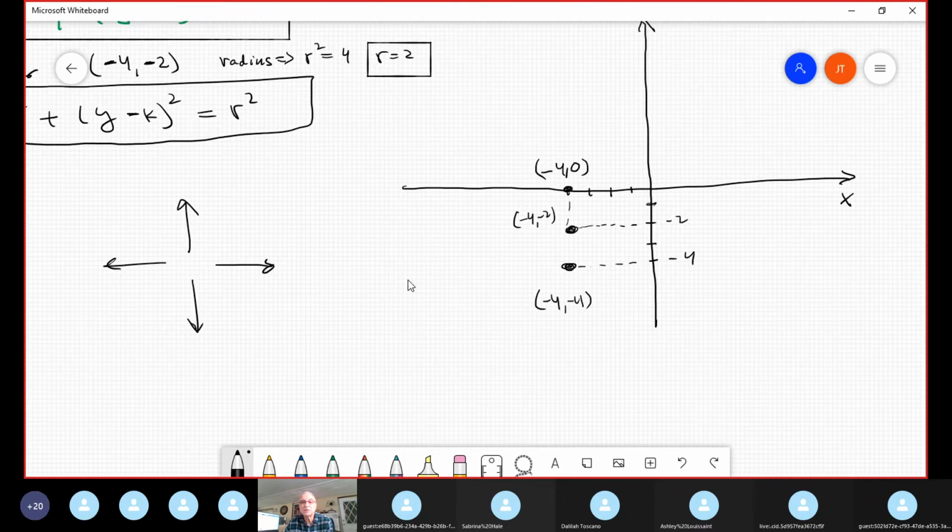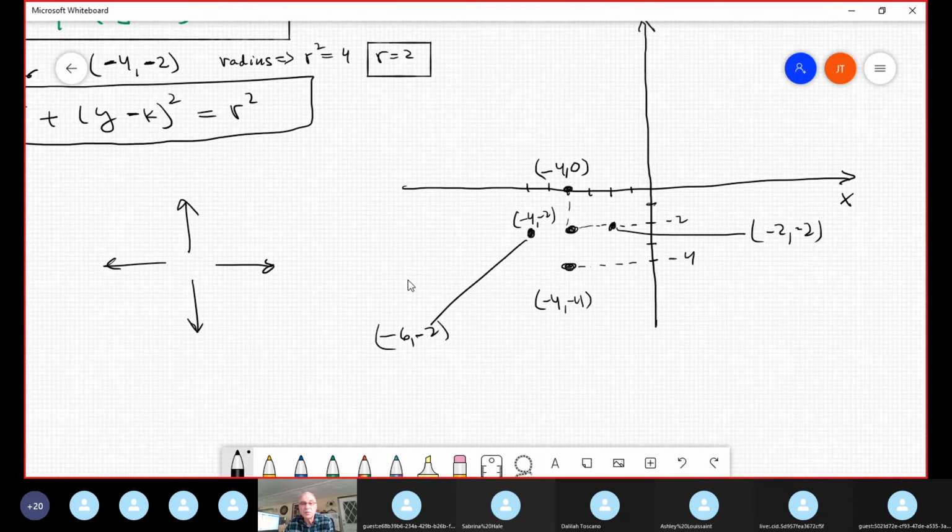When you move right, 1, 2, is this point, which is the point negative 2, negative 2. To the left, 2 units here is the point negative 6, negative 2.